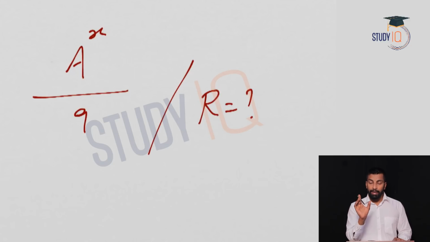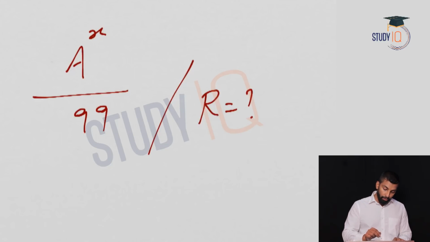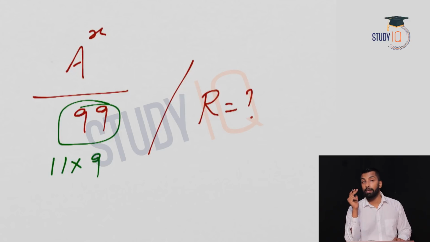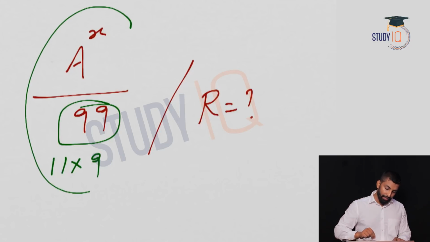Okay, so in this case, if you know the divisibility rule of 9, you can solve it faster. So if it is 99, what you will do is factorize the denominator like 11 into 9. Then, if you know the divisibility of 11 and the divisibility of 9, you will be able to solve it faster. But this is a very high level question.